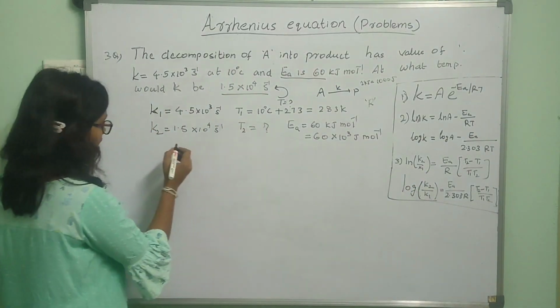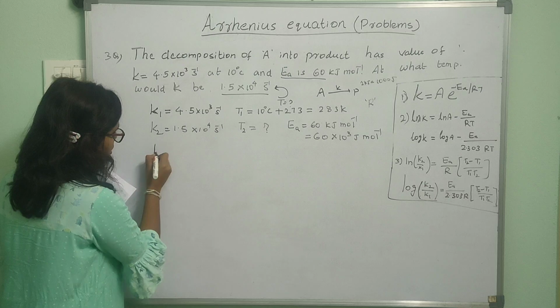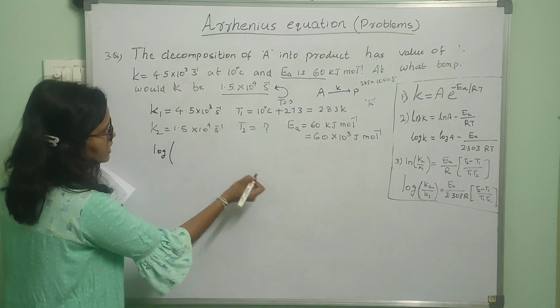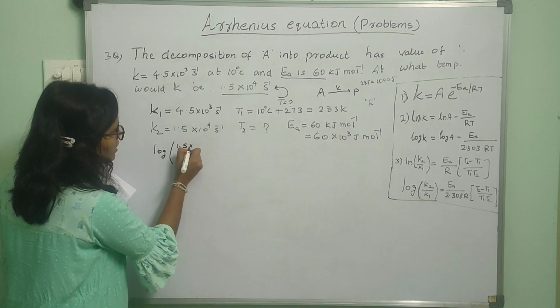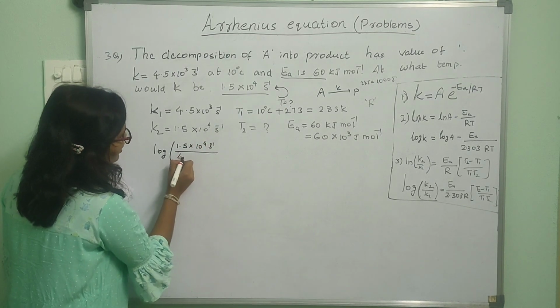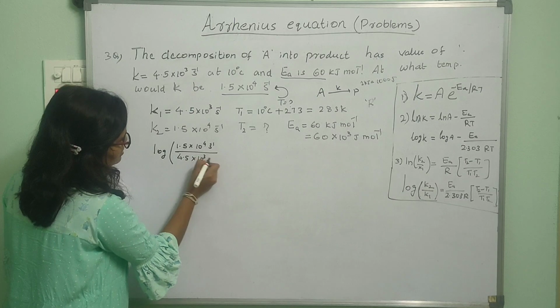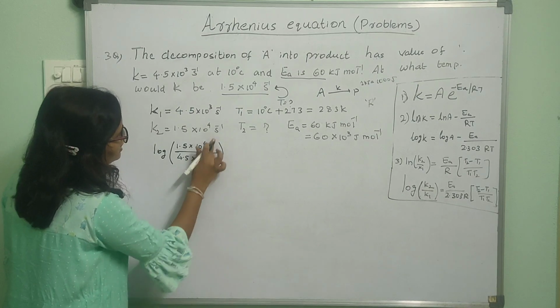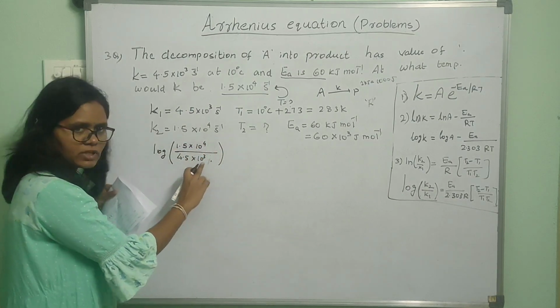So let us start solving. Log K2 by K1. What is K2 here? 1.5 into 10 power 4 second inverse by 4.5 into 10 cube second inverse. So this would get cancelled. So this is only a number now.